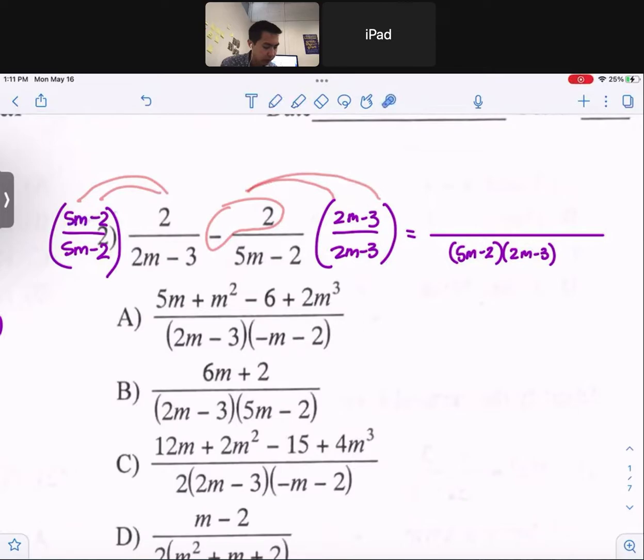So 2 times 5m is 10m. 2 times negative 2 is negative 4. Negative 2 times 2m is negative 4m, and negative 2 times negative 3 is positive 6.